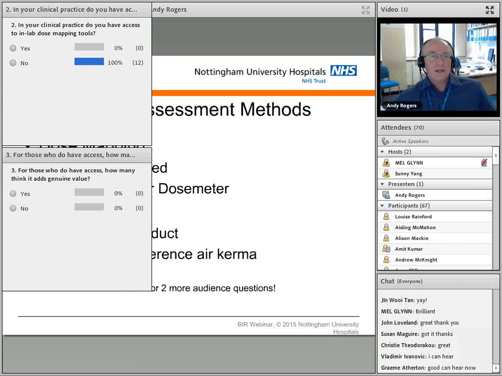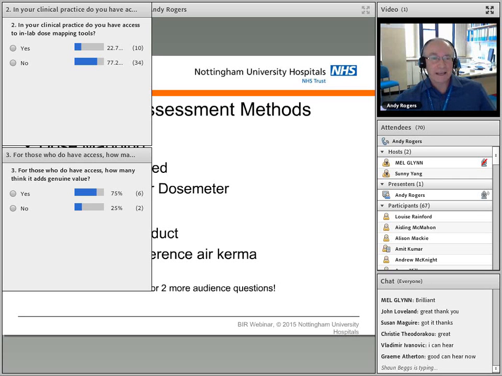So this is, do we have in-lab dose mapping tools? So are the clinicians real-time advised of skin doses? And actually, although we're going to be talking state-of-the-art, what I'm seeing from these live polls is that most people don't have it. Oh, the haves are catching the have-nots. Oh, and it's dropped back again.